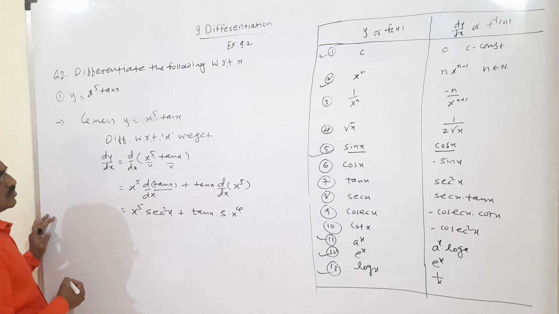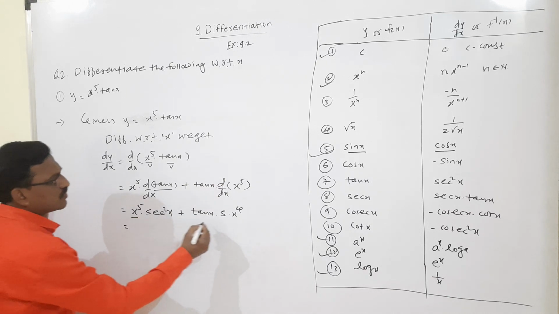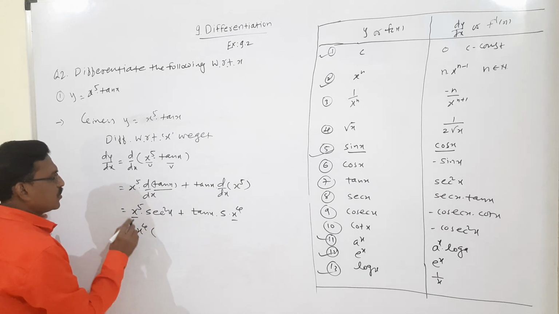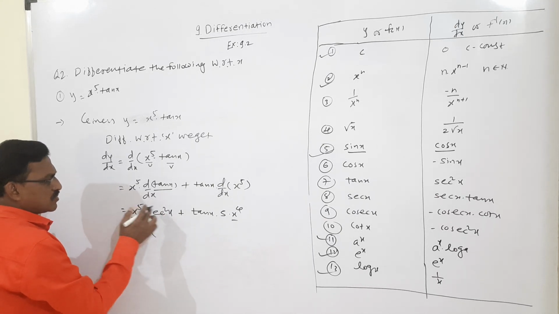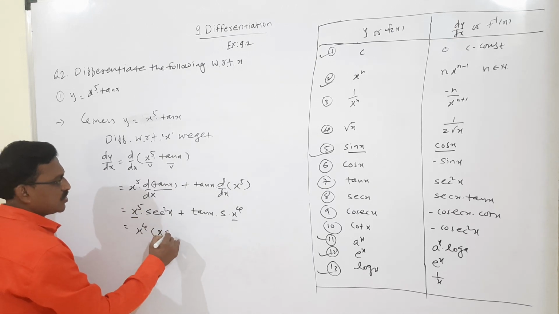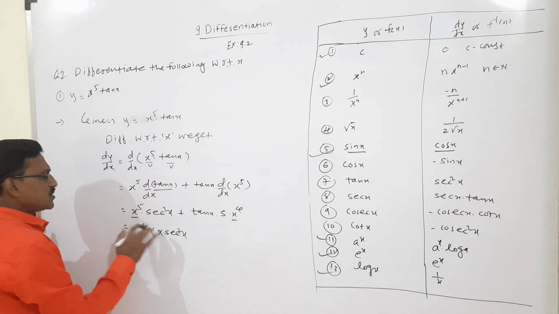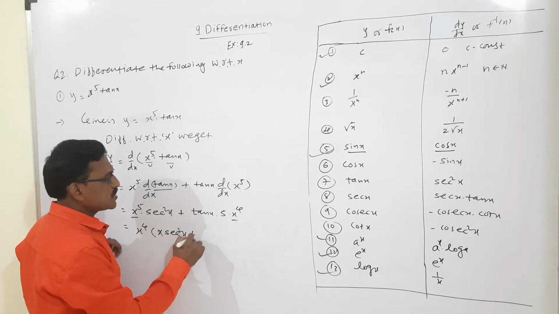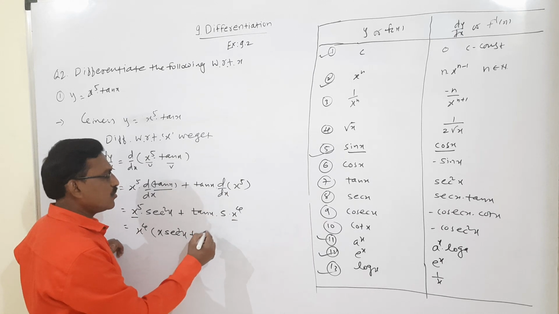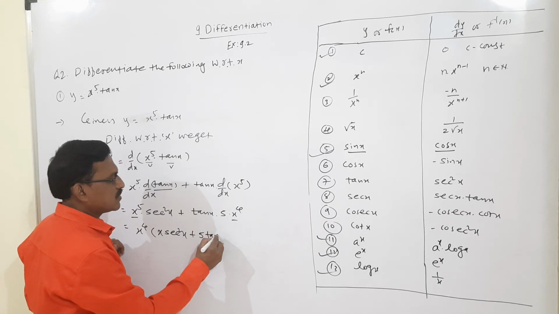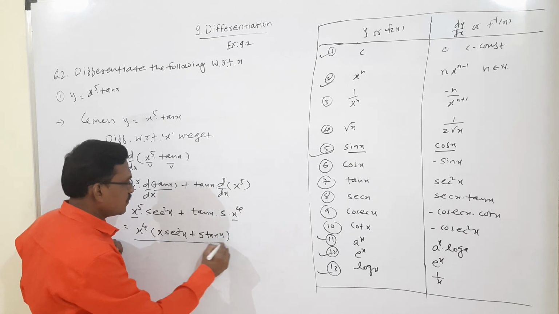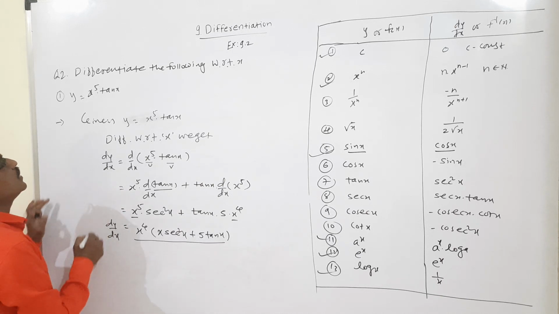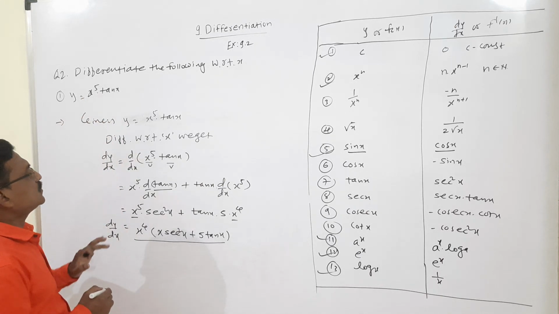So you may take x raised to 4 common. When we take x raised to 4 common, it is x into sec square x, because x raised to 4 into x is x raised to 5, plus 5 tan x. So this is the final derivative of the given function x raised to 5 into tan x.